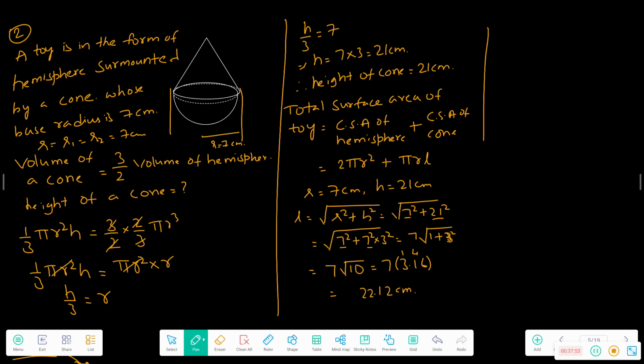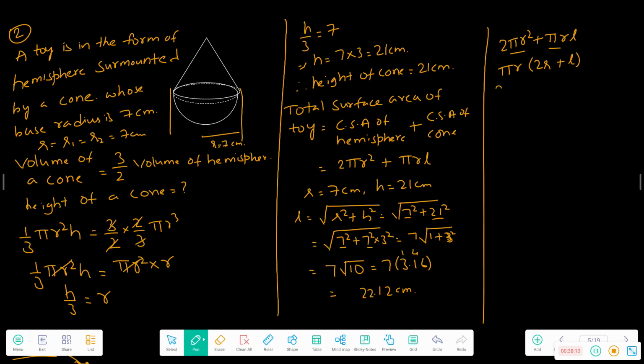Now calculate the surface area: 2 pi r square plus pi r l. In this pi r is common, so taking pi r common, it becomes pi r into 2r plus l.